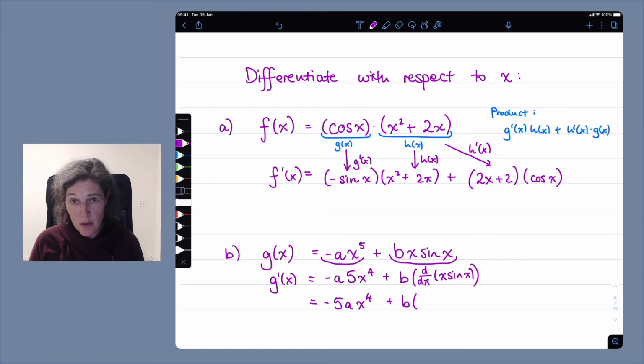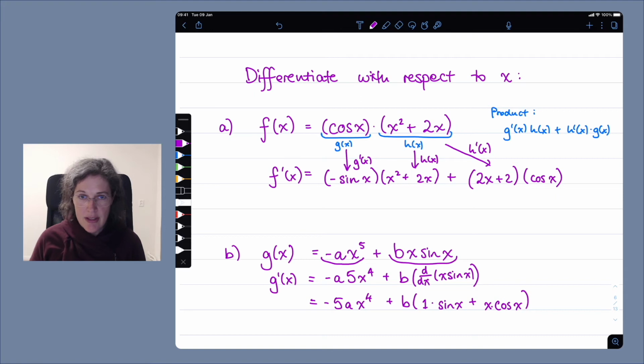So that's another product rule. So I need to have two terms here. So I'm going to have the derivative of x, which is just 1, times sine of x. And then I'm going to add to that, I'm going to write down my x and take the derivative of sine of x, which is cosine of x.